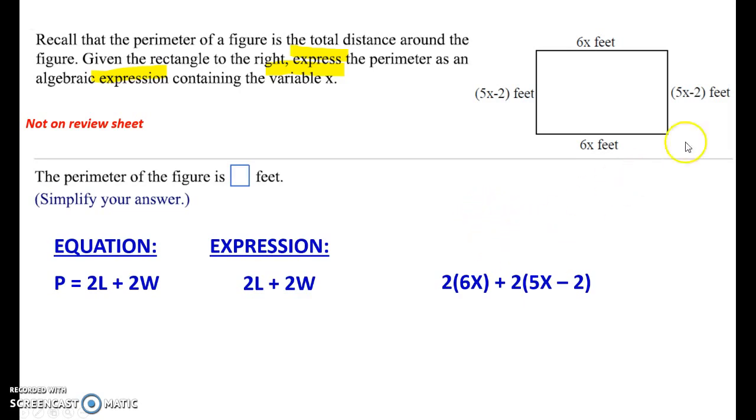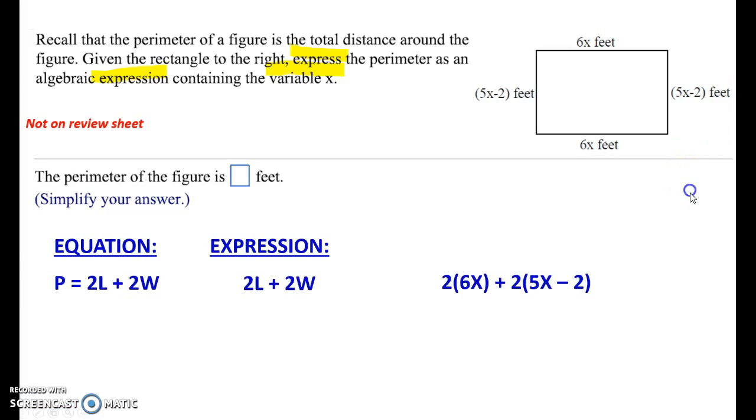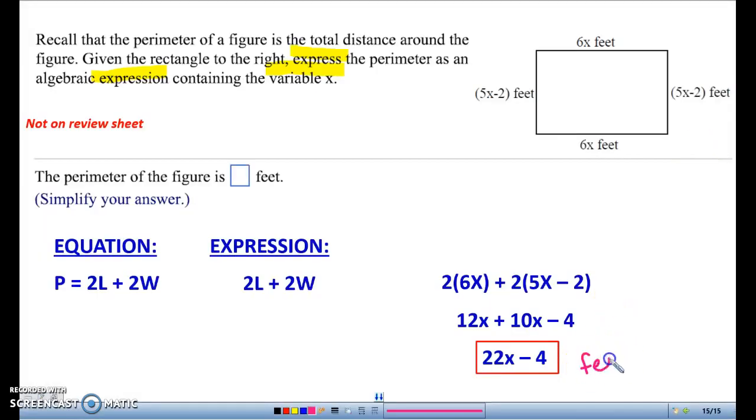You can do that also. 2 times 6x is going to be 12x. And here you will have to distribute. So that's 10x minus 4. 12x plus 10x is your 22x. Don't forget your feet. That's part of your answer.